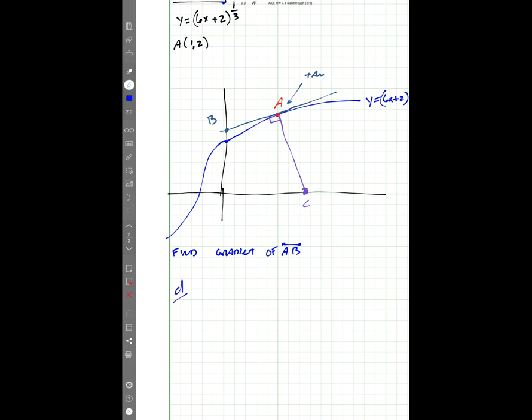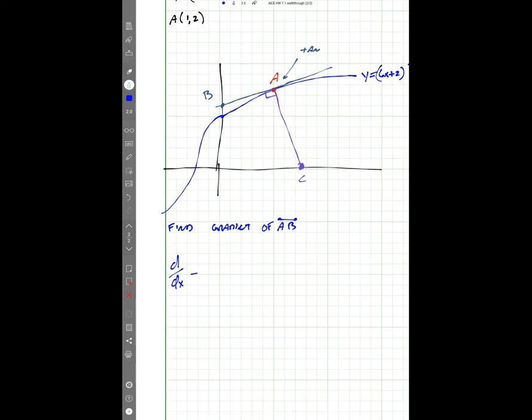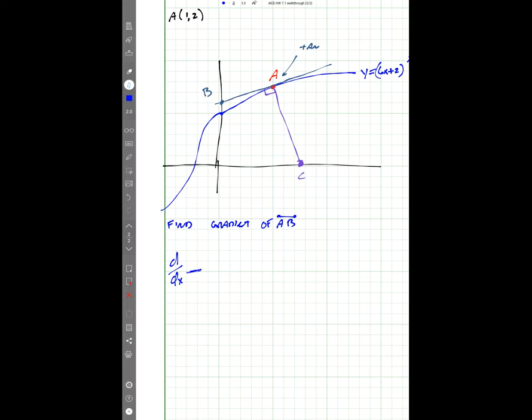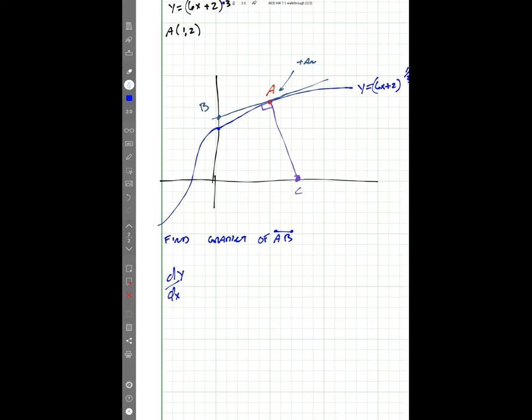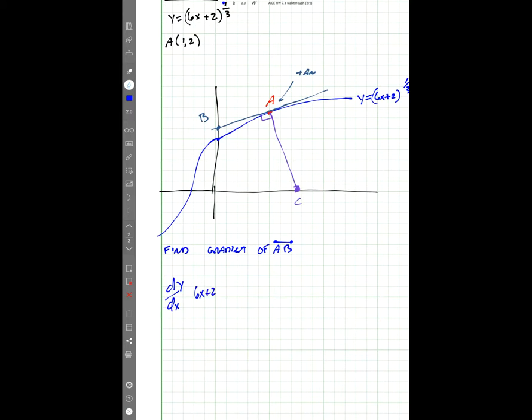So dy/dx of (6x + 2) to the 1/3. In order to do this, we're going to need the chain rule, which is derivative of the outside times derivative of the inside.